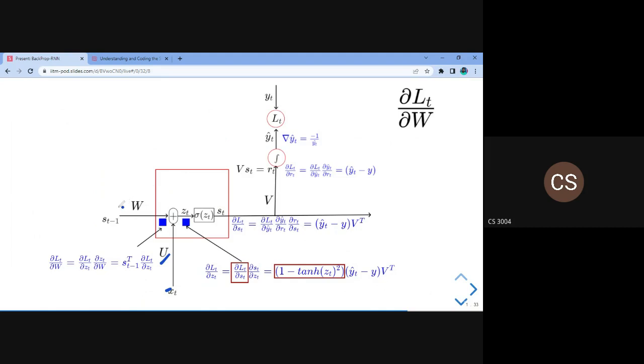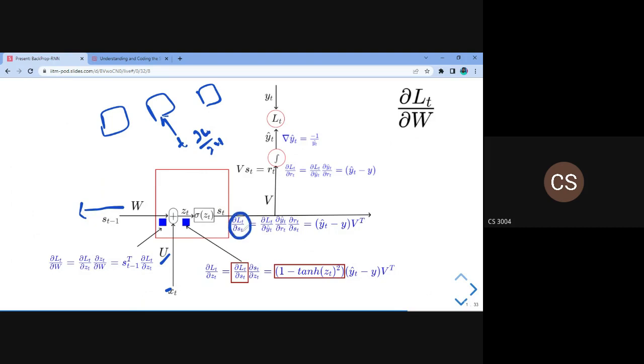During the forward prop, I have multiple cells. Now I am at time step t. I computed the gradient dou LT by dou W, and then I just store it. I also have dou LT by dou ZT, and dou LT by dou ST.